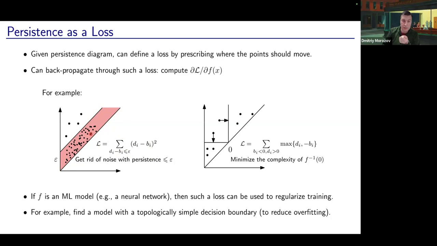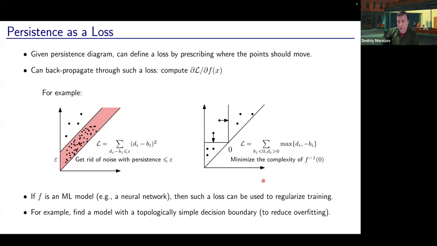If you minimize such a function, the only way to minimize it is to push all of these noisy points into the diagonal, which would get rid of the noise. If you remember my Everest example, all the little bumps on Everest are the points close to the diagonal. So if you try to minimize the sum of their squared persistences, this will naturally try to simplify the function.